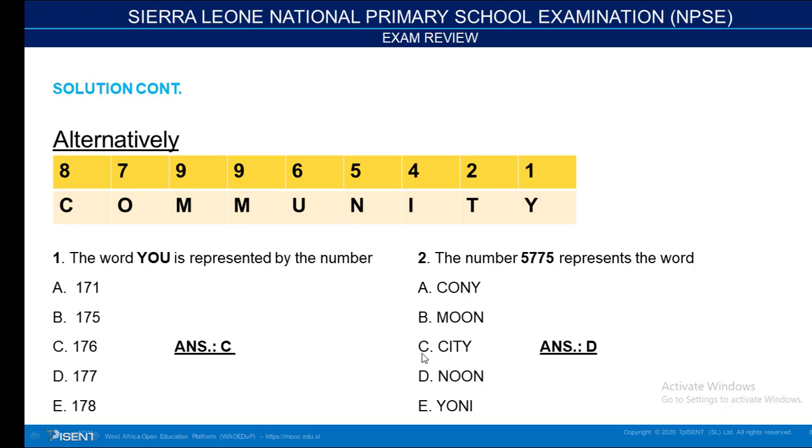C also corresponds to 8, and our first number here is not 8, so we leave it as well. Y corresponds to 1, and our first number here is not 1. So therefore, A, B, C, and E are not correct. Our correct option there is D.